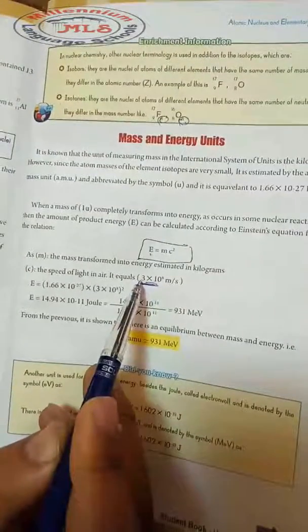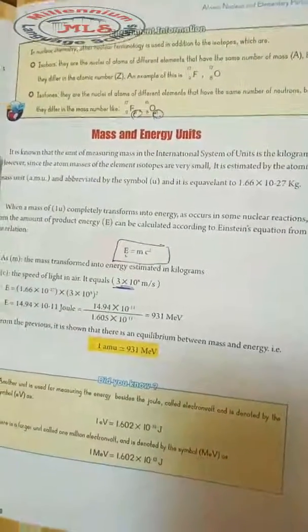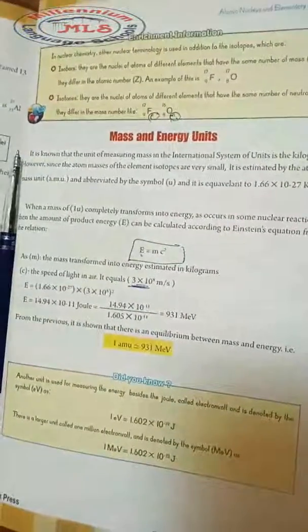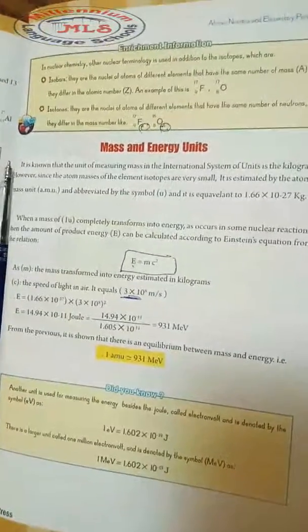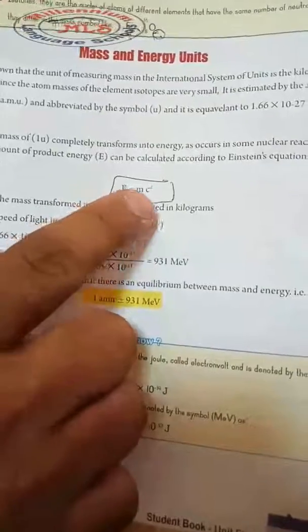Einstein proposed that if you multiply any mass by the speed of light squared, this mass will change into energy.